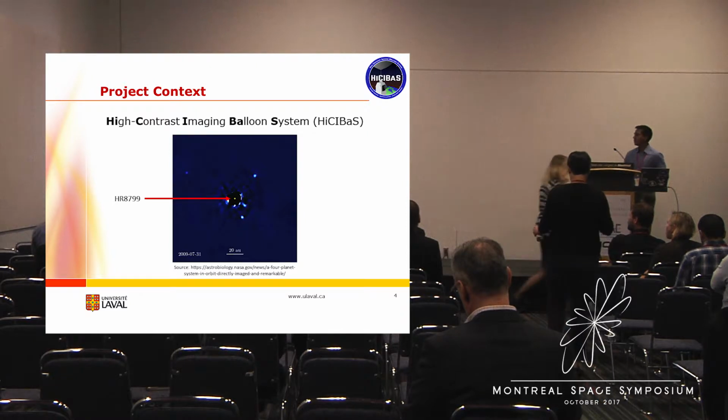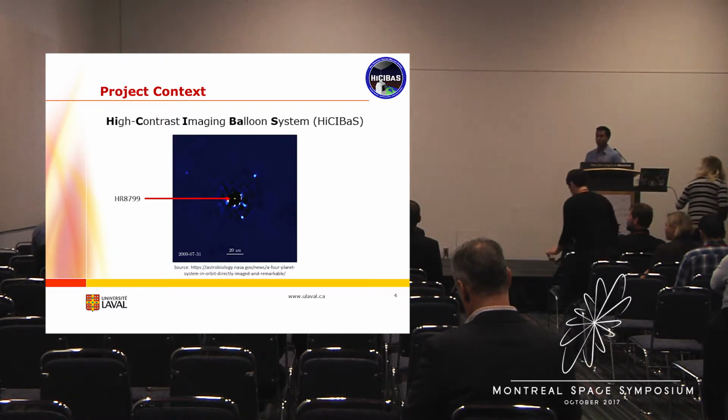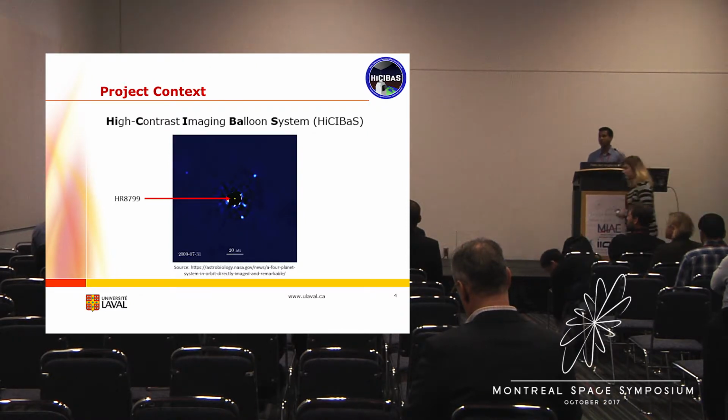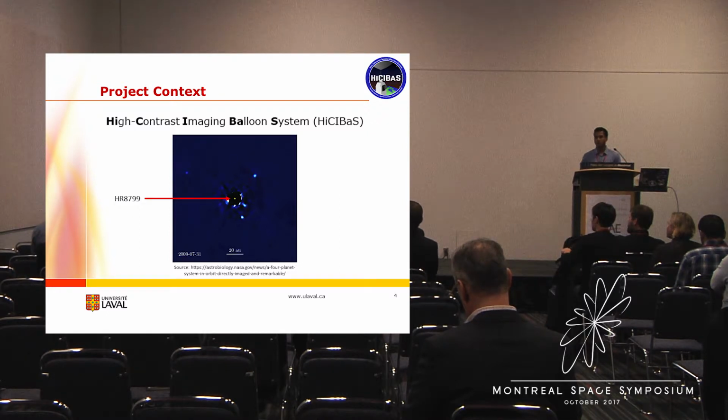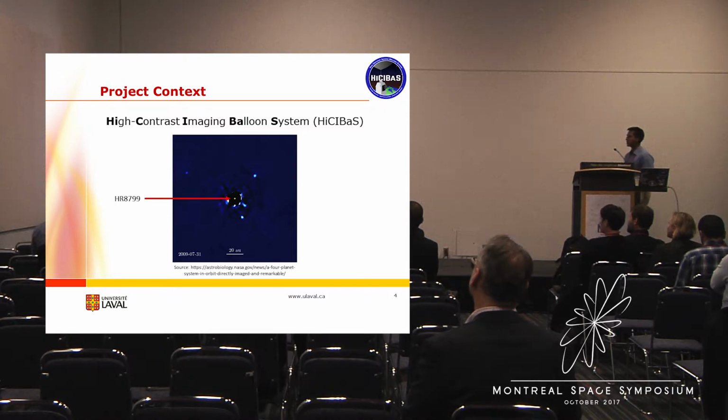There you go. So, in the context of our project, at least in astronomy, high contrast imaging is a technique that's used to detect the light of faint objects orbiting a parent star, something that's a lot brighter than those exoplanets, those faint objects. As you can see here, this is the image of the HR 8799 star.